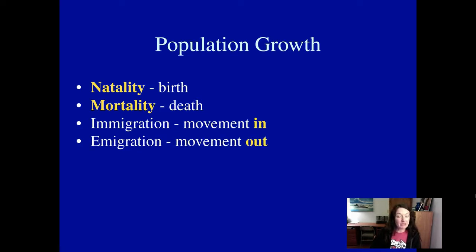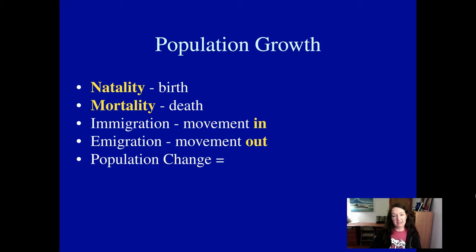And then emigration, or I like to think of it as exit. So this is when organisms exit or move out of the environment. So you have natality and immigration bringing more organisms into the population, and then mortality and emigration with an E taking organisms out of the population.